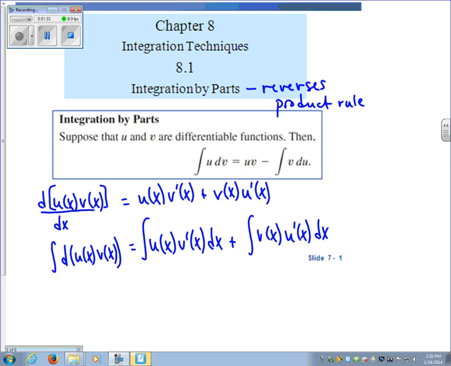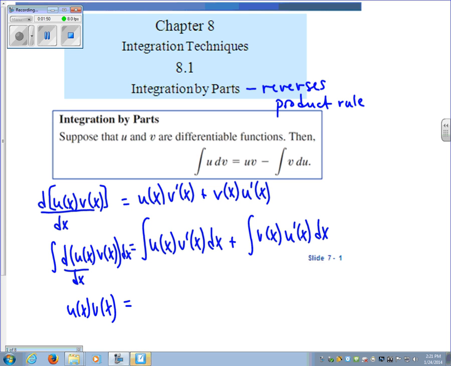Okay. Now, the antiderivative of the derivative of u of x, v of x, dx, will just be u of x, v of x, since that's just the integral of the derivative.